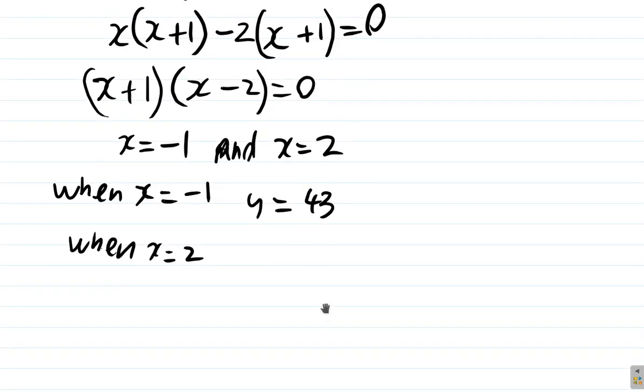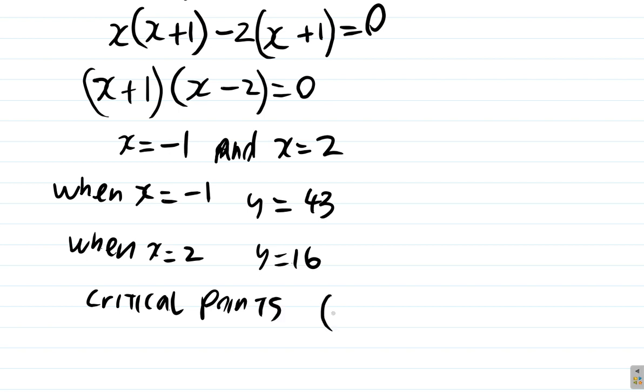So when x is 2, y is 16. So the critical points are at (-1, 43) and at (2, 16). Okay.